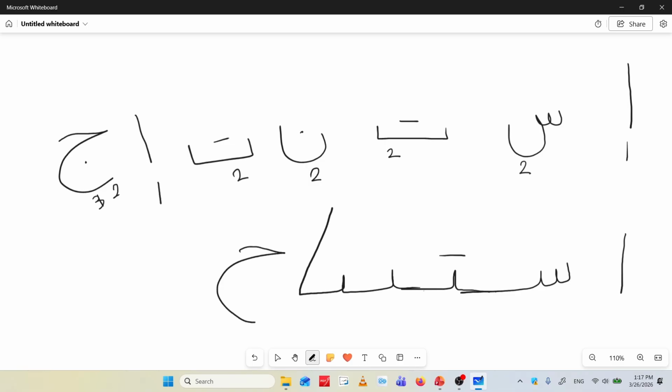Then we have the jim, and we will write the jim isolated like that because the alif is a one-way connector. And then we will write the dots, and this word is istintaj. One more time, istintaj. And istintaj means conclusion, to conclude something out of something. So istintaj is conclusion.